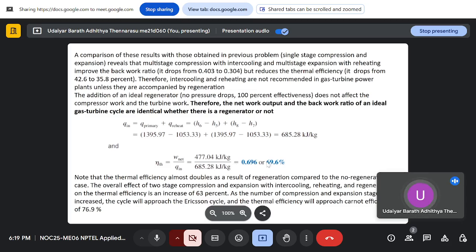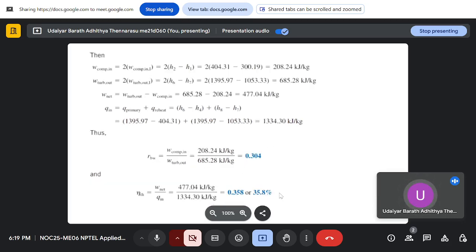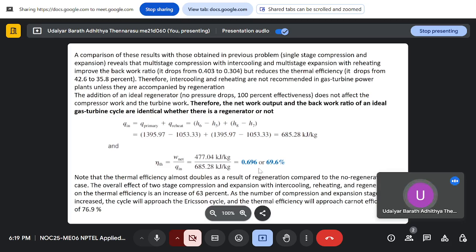It's a very large increase compared to the previous problem. In the previous case your efficiency was 35.8%, but it has now increased to 69.6% for the same back work ratio. So using an intercooler and reheat only makes sense when it is accompanied by a regenerator.